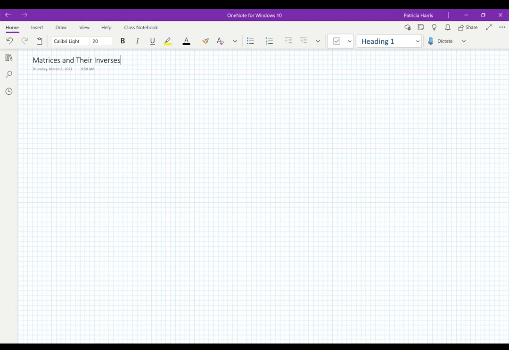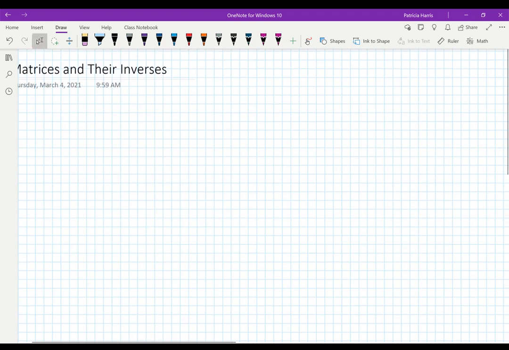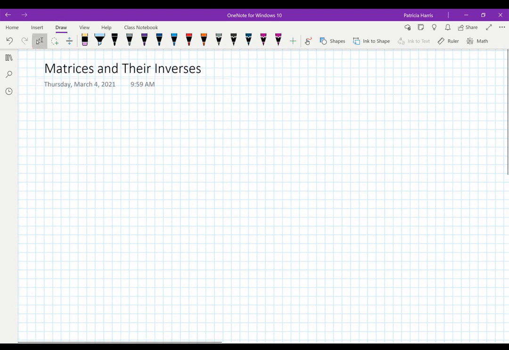Okay, so today we're going to talk about matrices and their inverses. But before we talk about inverse matrices, we need to talk about the identity matrix. The identity matrix is first of all a square matrix.